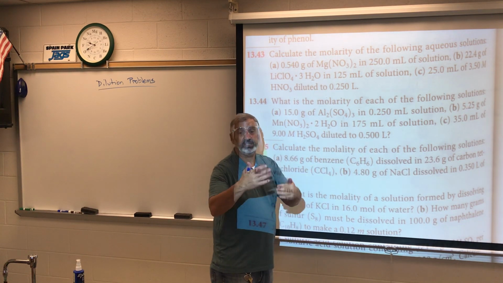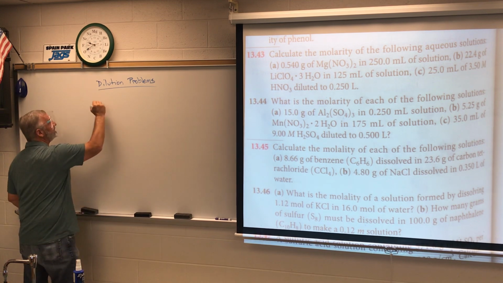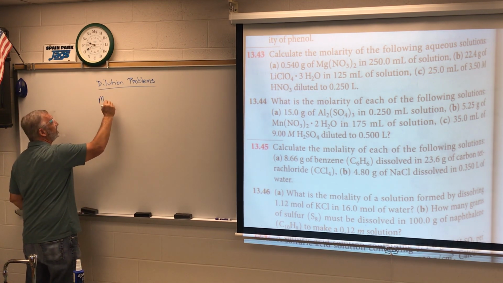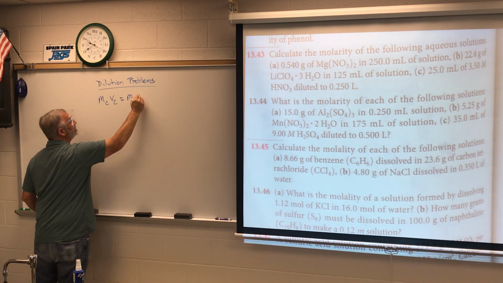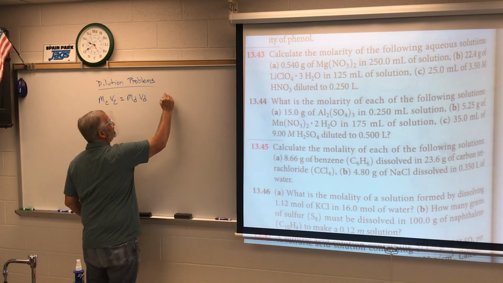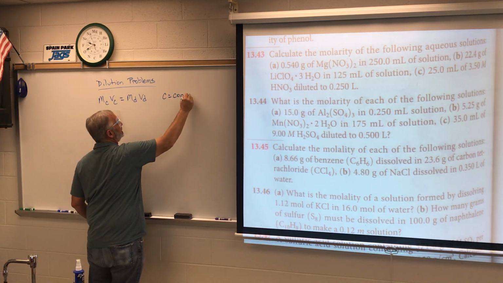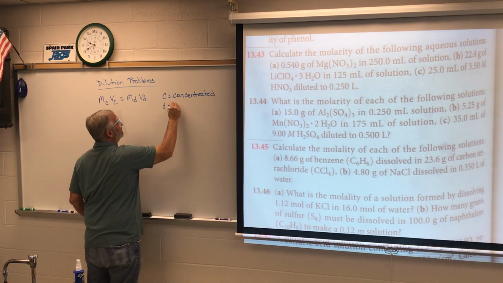Okay? This is just going to follow a proportion. And so we're going to have a simple equation that says the molarity of the concentrated times the volume of the concentrated is always equal to the molarity of the dilute times the volume of the dilute. C equals concentrated, D equals dilute.